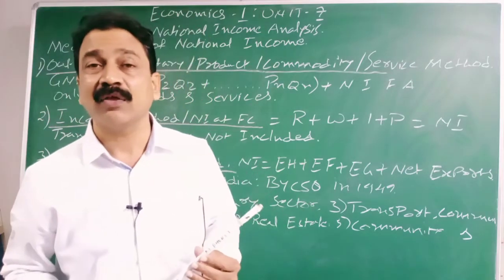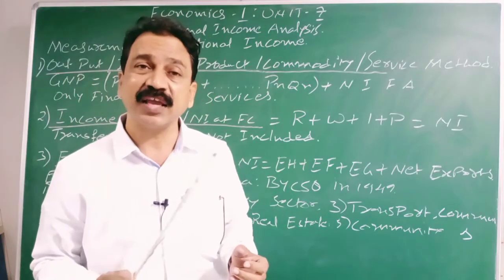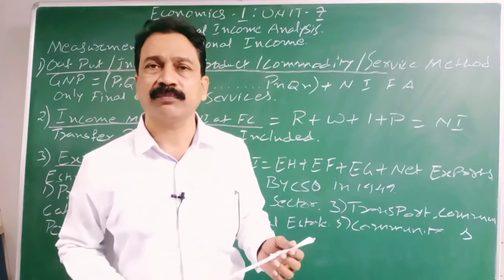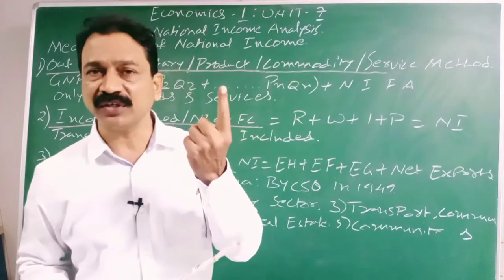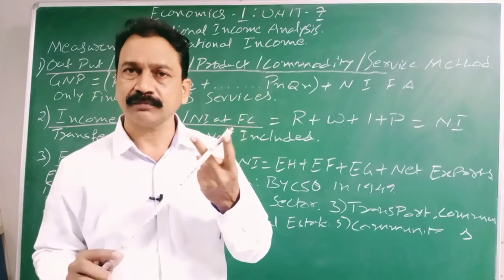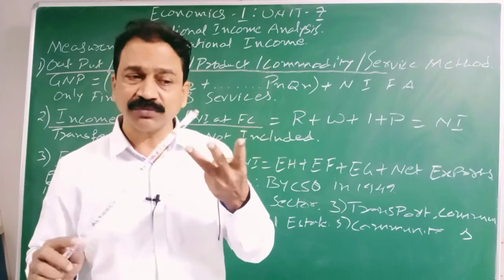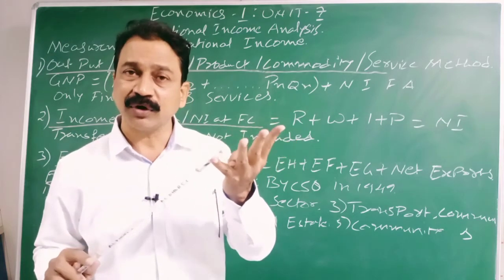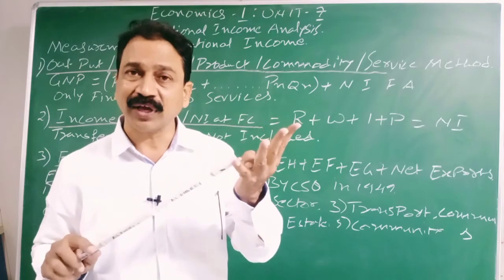Here you have to see, we should not calculate the same thing twice. Let me give you the same example again. If you calculate cotton once, then yarn comes out of cotton, then cloth comes out of yarn, and again a ready-made shirt, then you are calculating the same cotton 4 times.